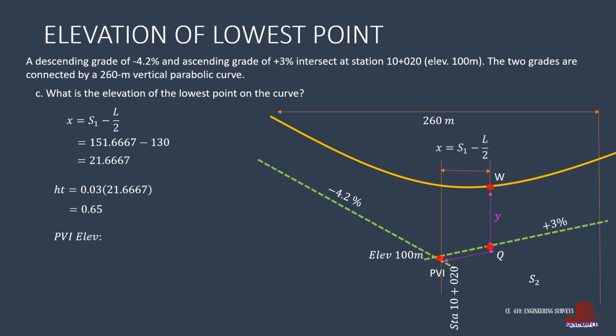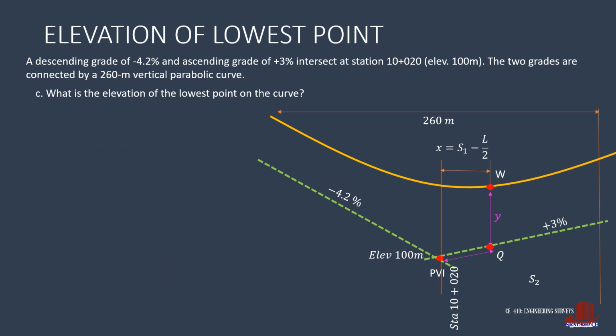Now we take the elevation of point Q using the elevation of PVI, which is 100 meters. Then add the height of 0.65 to get the elevation of point Q as 100.65 meters.